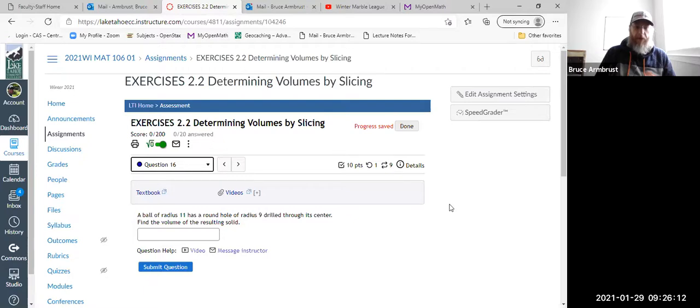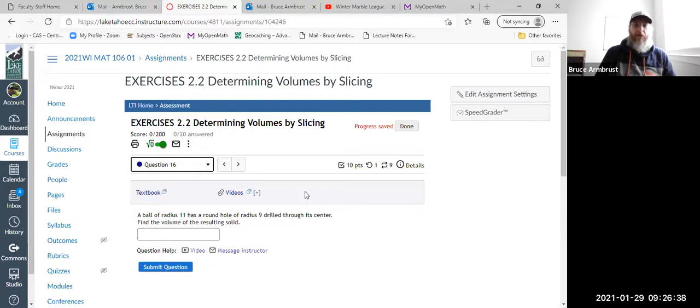And then this one, let's see. So we have a ball of radius 11 that has a round hole of radius 9 drilled through its center. So find the volume of the resulting solid. All right, so yeah, we can go ahead and do this one.